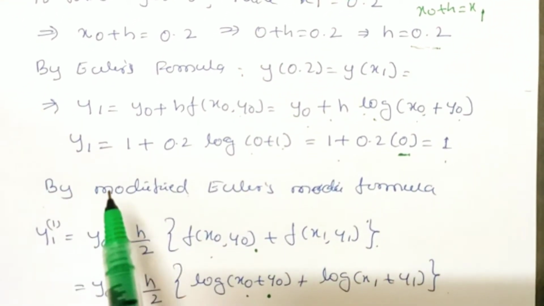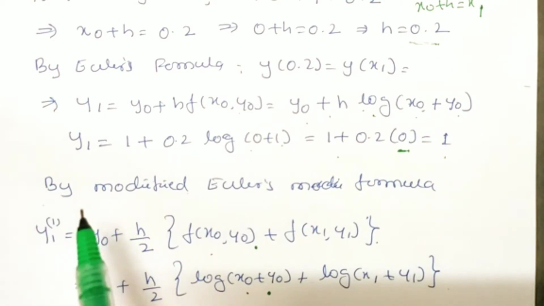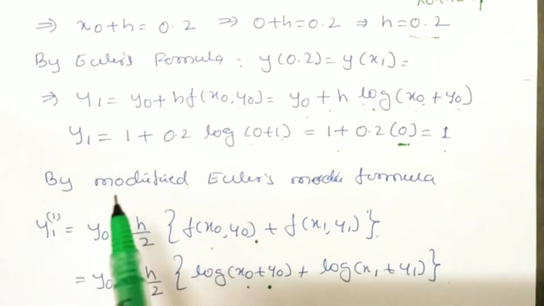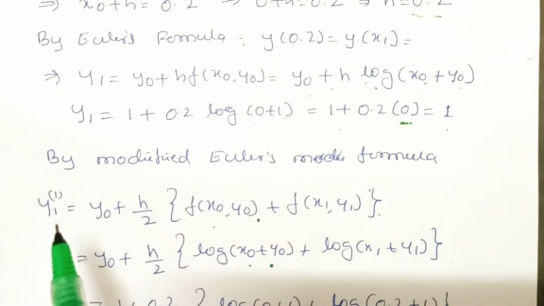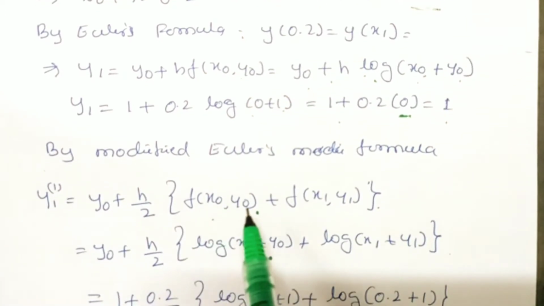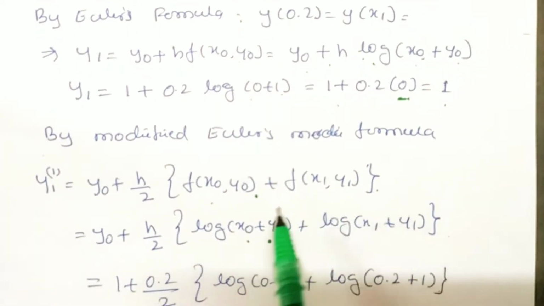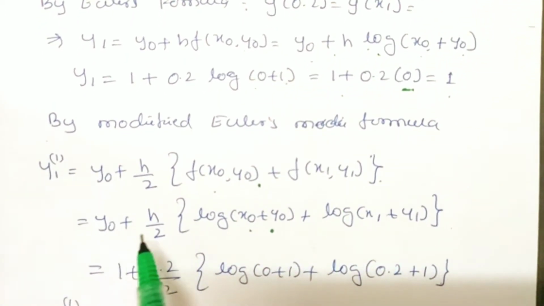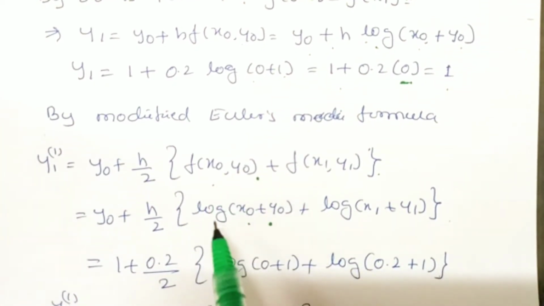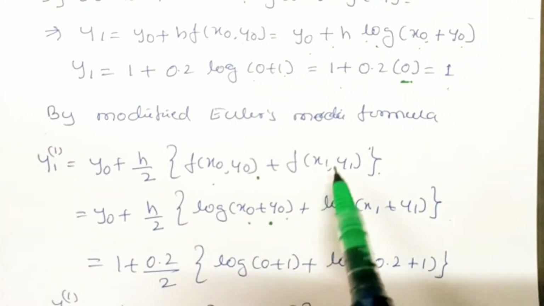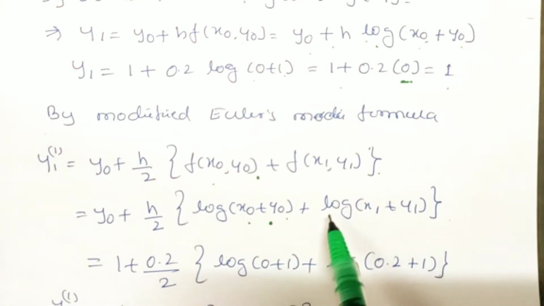Now we have to improve this value. We can improve it using Euler's modified formula. That is, y1 at first iteration is equal to y0 plus h by 2 into f of x0, y0 plus f of x1, y1. F of x0, y0 is log of x0 plus y0, plus f of x1, y1 is log of x1 plus y1.